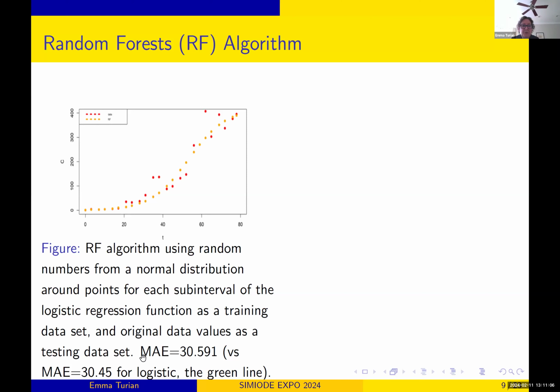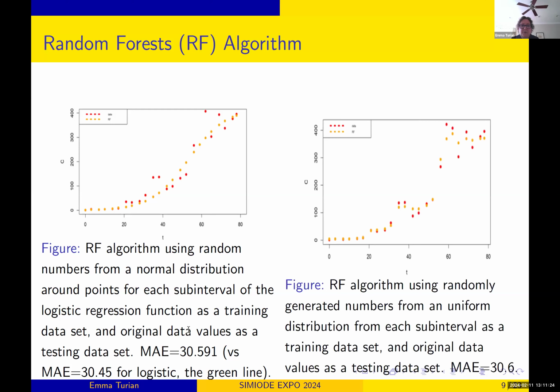And then we compute the mean absolute error. And as you can see in here, there isn't a better fit for the random forest algorithm versus the logistic, the previous green line. We also use the random forest using randomly generated numbers from a uniform distribution this time, from within each subinterval. So in other words, we're assuming that the oncologist or the researcher would know the values from within each subinterval, with the exception of the actual data points, which we use for testing.